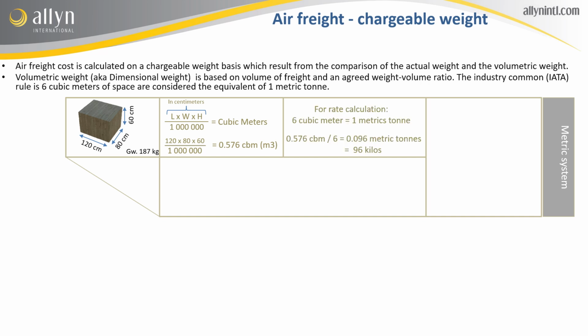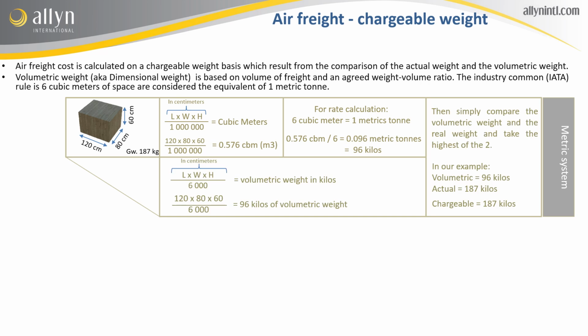meters. Then, based on the rule that 6 cubic meters equals 1 metric ton, we simply divide this volume by 6. Hence, 0.576 divided by 6, which gives 0.096 metric tons, or 96 kilos. These 96 kilos represent our volumetric weight.